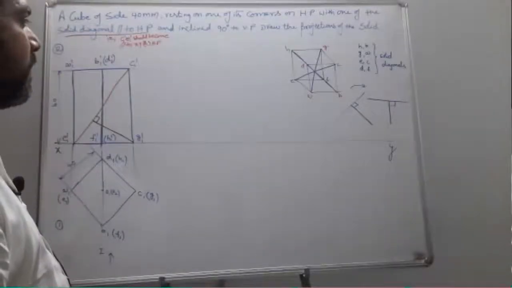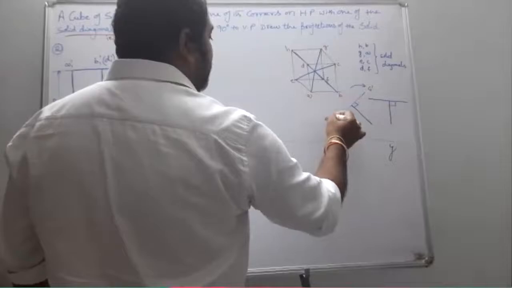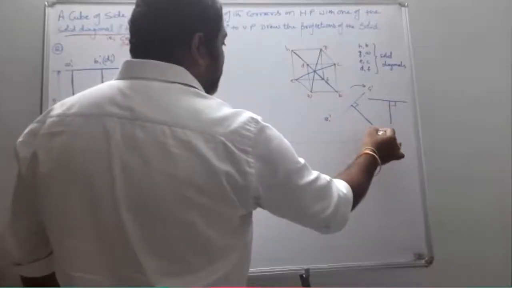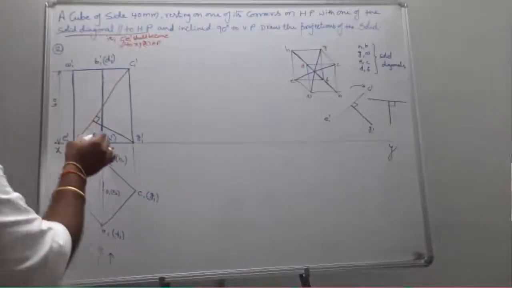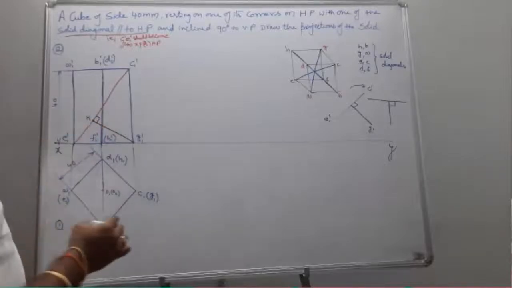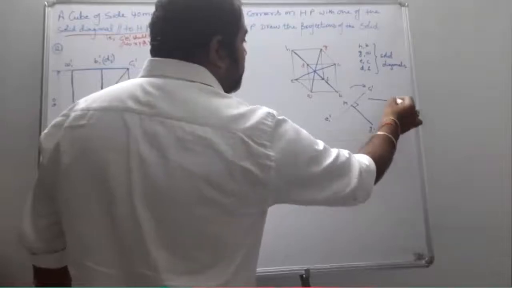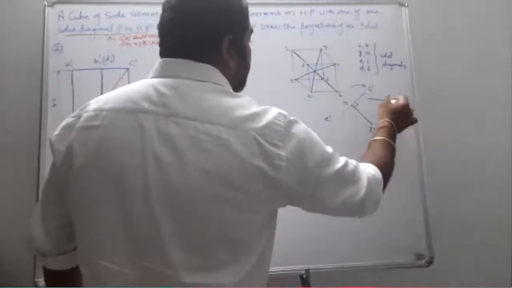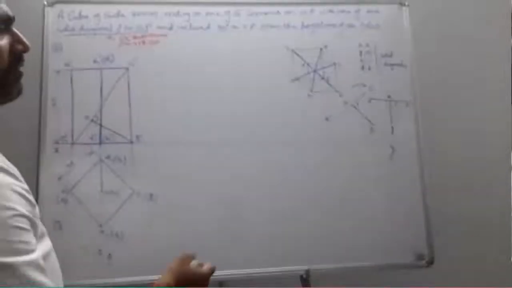Okay. Now let us consider this was C1 dash, E1 dash, and this was G1 dash. If I rotate, let us consider this point is going to be some K. Let us point this K. If GK becomes vertical, then what should happen?